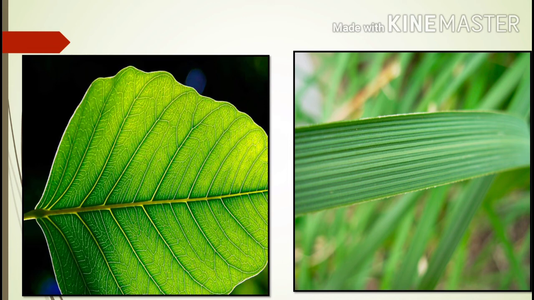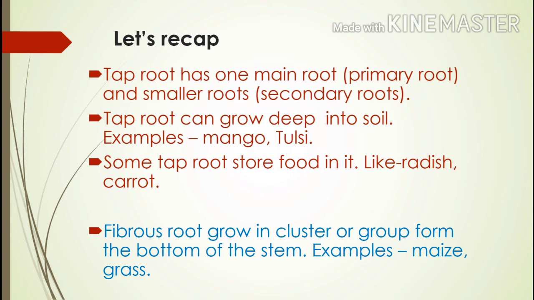If the veins are arranged like a net on the leaf, then the plant has taproot. And if the veins do not cross each other or are parallel to each other, then the plant has fibrous roots. Let's take a quick recap of this topic.